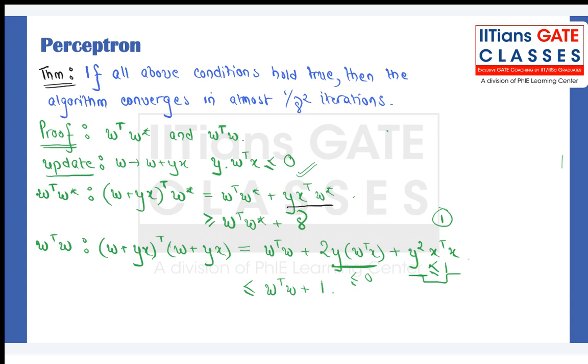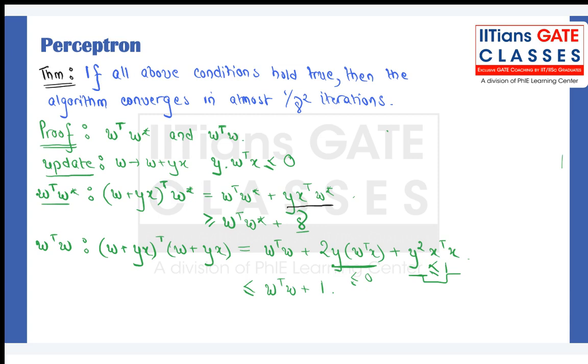Now with these two things, if you look carefully, whenever I update for the first time, I increase W transpose W star by gamma. When I update it once again, then it becomes 2 gamma, 3 gamma, 4 gamma, 5 gamma.